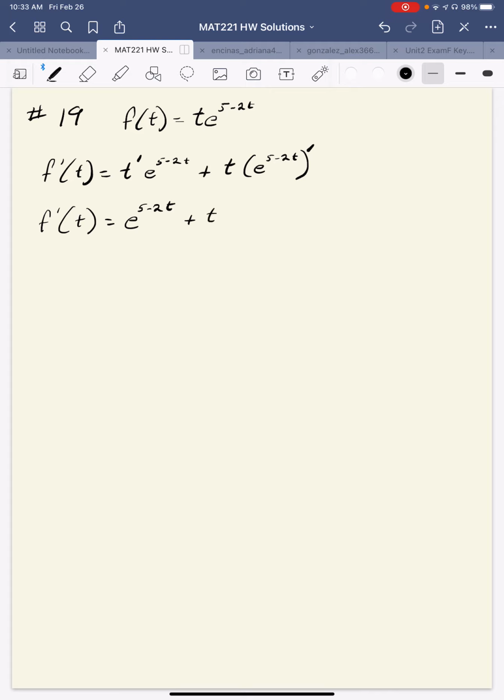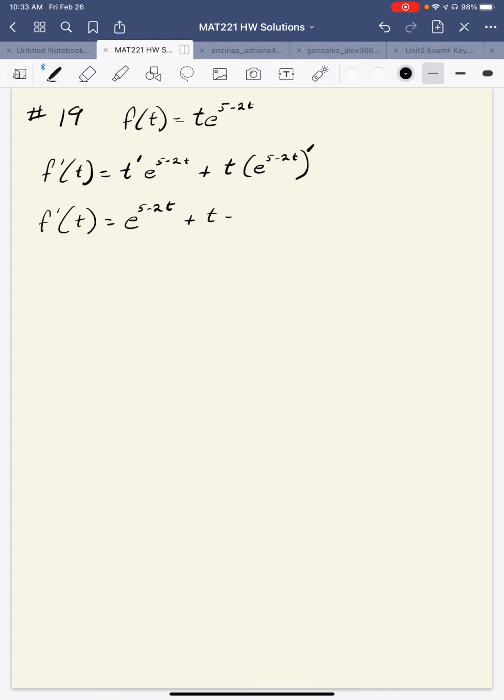I have t multiplied by the derivative of e to the 5 minus 2t. So I have to find the derivative of this expression. Like I said, it will involve the chain rule. So first I know that e to the anything, the derivative of that is e to that amount.